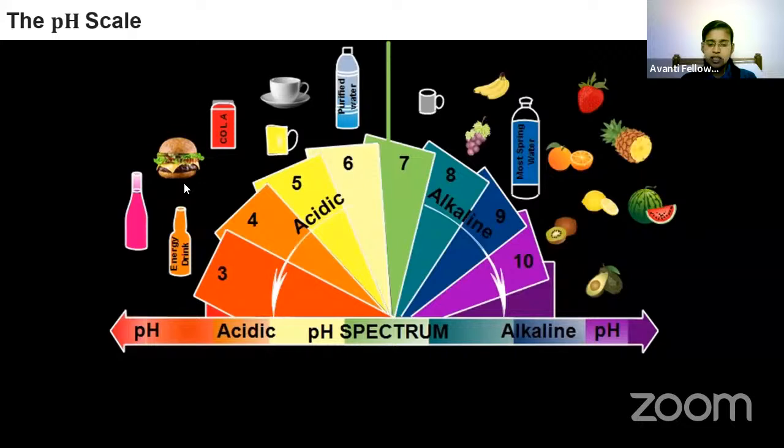You can see that the energy drink, the burger, the coffee and the purified water are on the acidic side, and all the fruits mostly are on the alkaline side. The spring water and the fruits come under the basic side. Now moving ahead with the pH formula, we will solve one question and then go for the next.